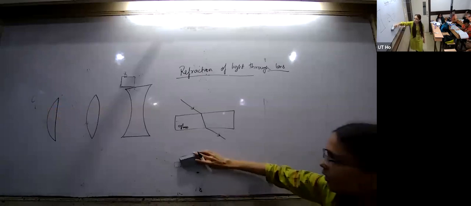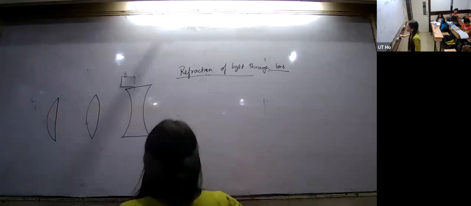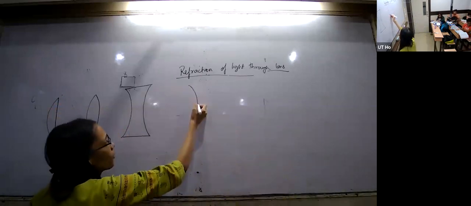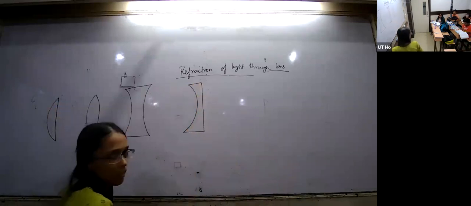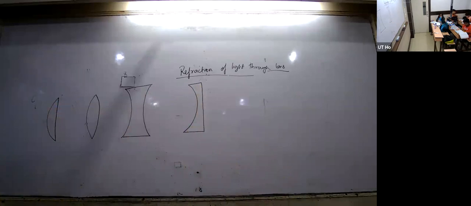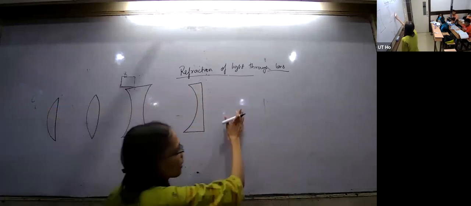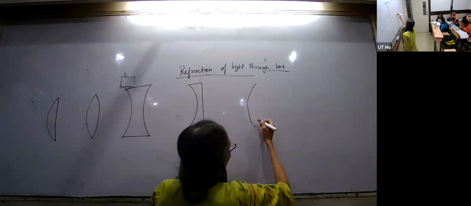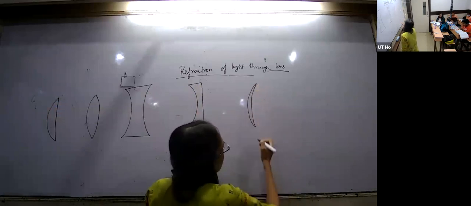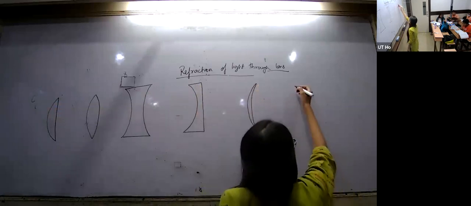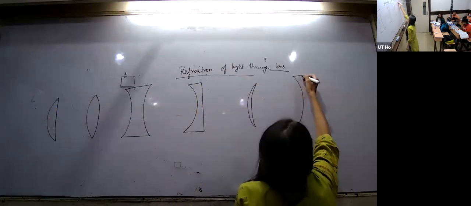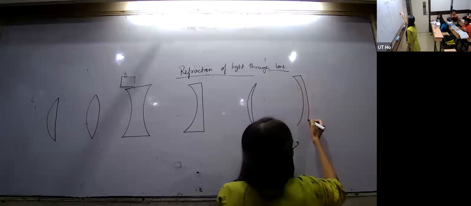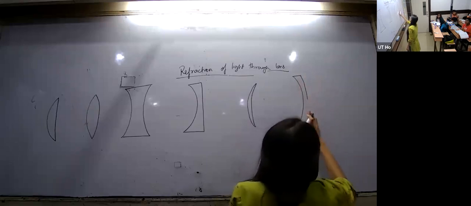Or we can take again curved inside, straight. Crescent shape, like he's saying, we can take both sides curved, or we can take one side curved like this and one side plain inside, and one side again convex, curved.